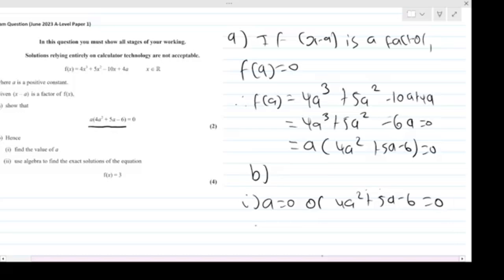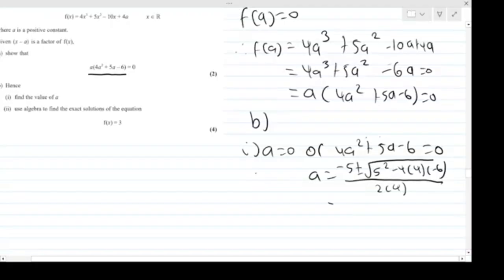Because that's a quadratic equation, I could solve that via the formula. That would mean a would be minus 5 plus or minus the root of 5 squared take away 4 lots of 4, lots of minus 6, over 2 lots of 4.